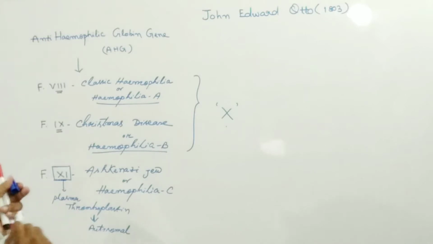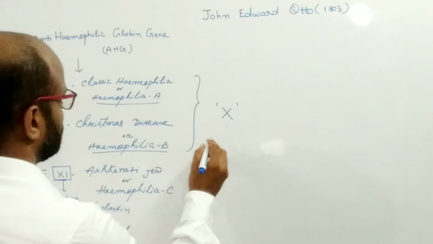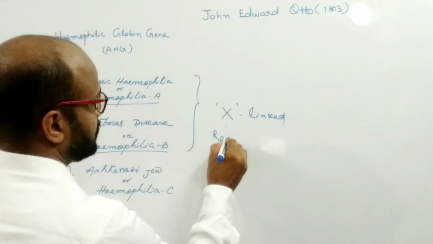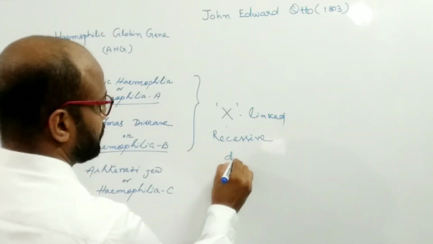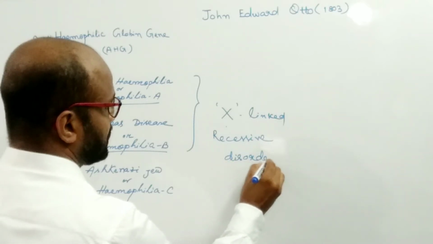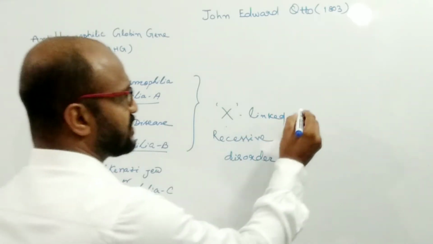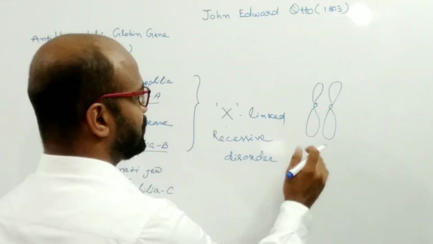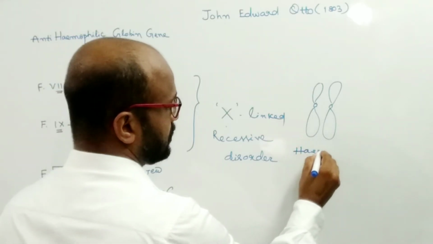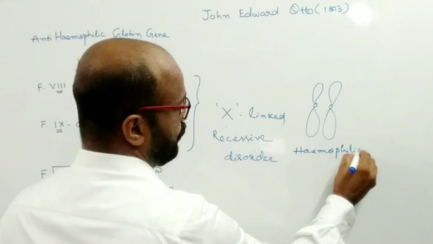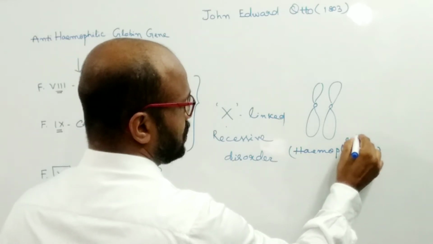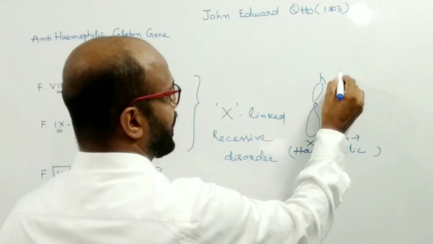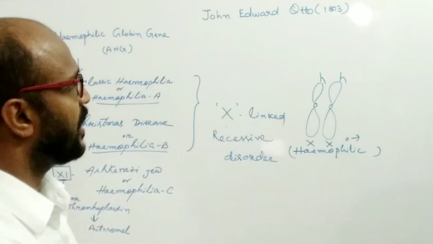And such hemophilia is an X-linked recessive disorder. Recessive disorder. It means that a hemophilic female contains two X chromosomes, that is, two defective hemophilic alleles.